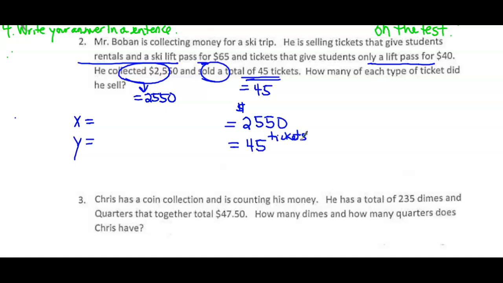So we need to define our variables. What do we not know? It says how many of each type of ticket did he sell? Make sure you used a word that was measurable.